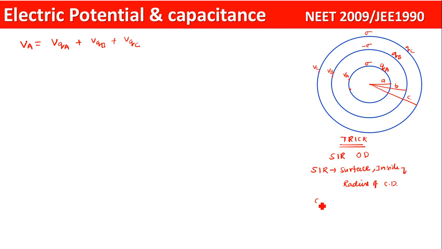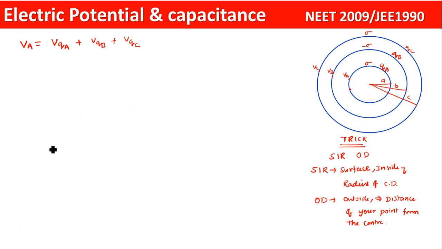Next, if your point is outside, then you have to consider the distance of your point from the center. Got it? Now let us apply that, then you'll understand much better.